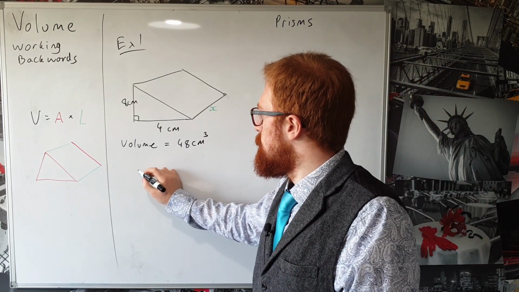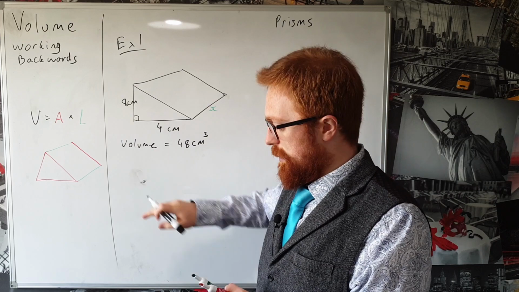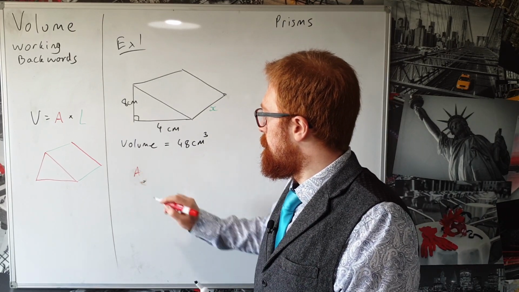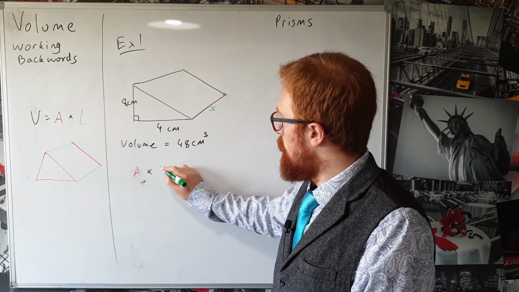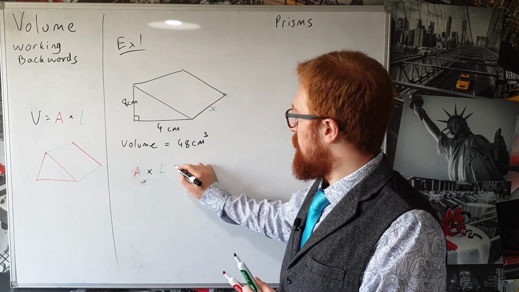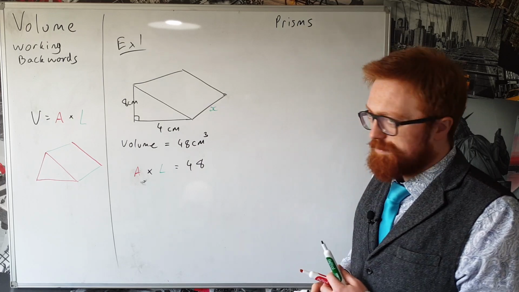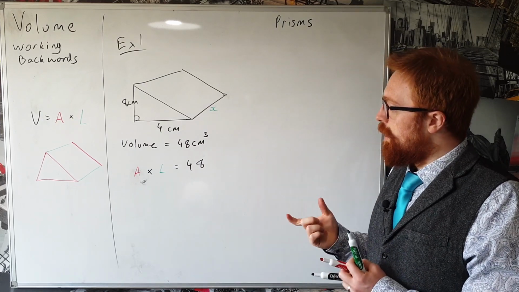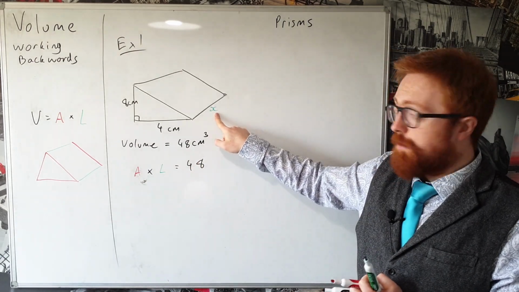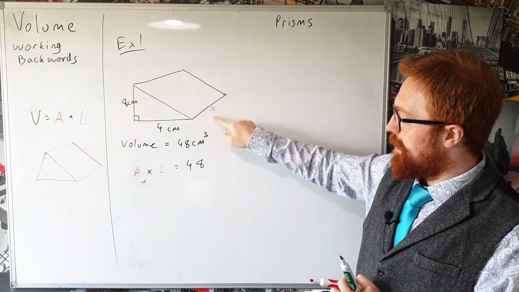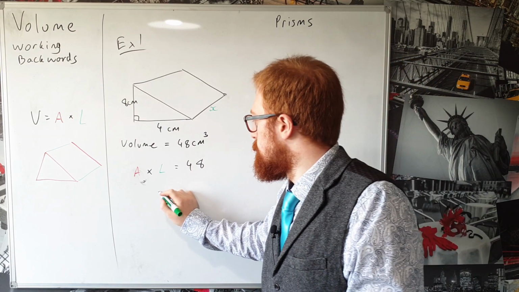So what he did was he did the area times by the length, and his answer was 48. Now, the length is exactly what we're trying to find. This length here is x, and that's exactly what we're trying to find.